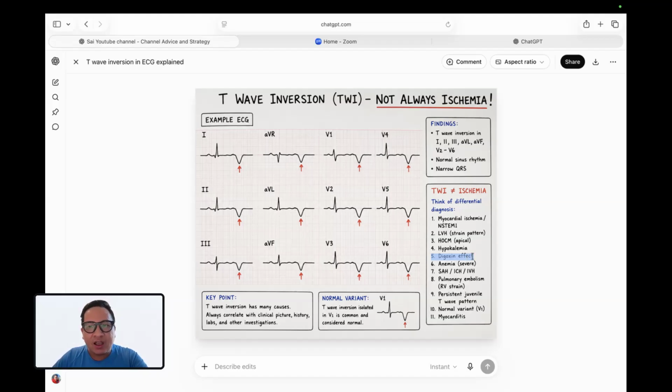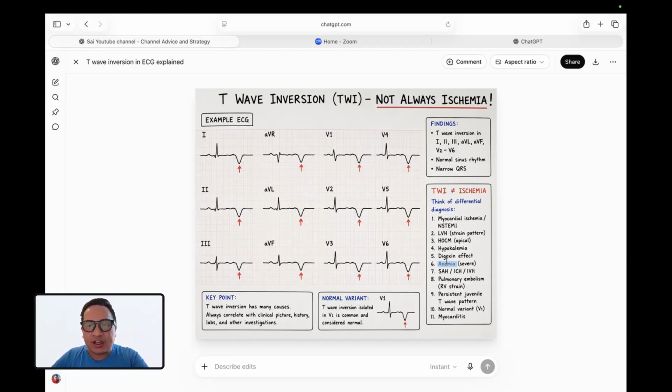And the next, after the electrolytes and after the medication, we need to think about widespread non-specific T inversions throughout all leads, which can also be anemia.